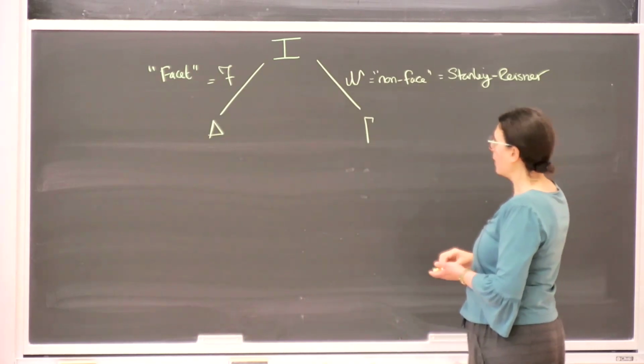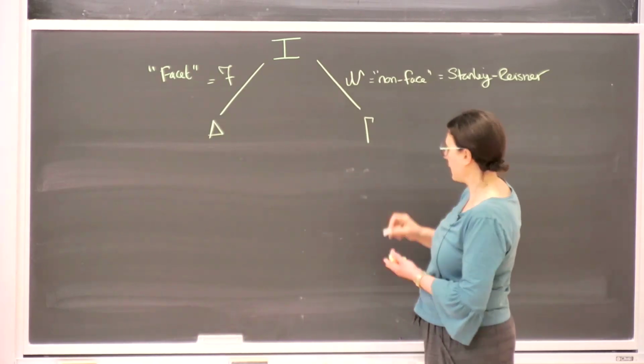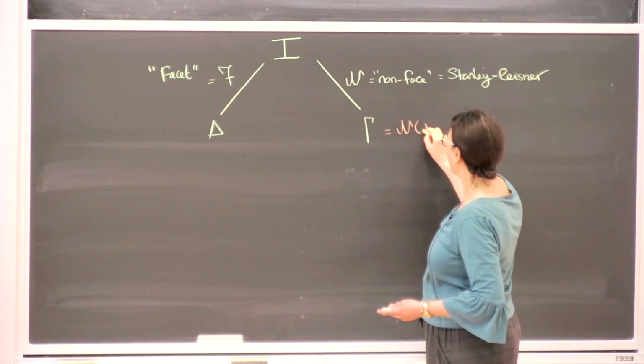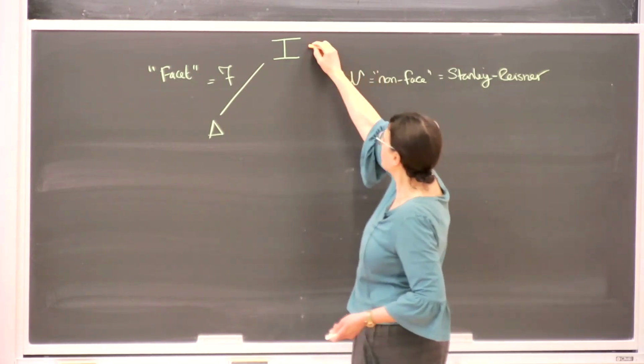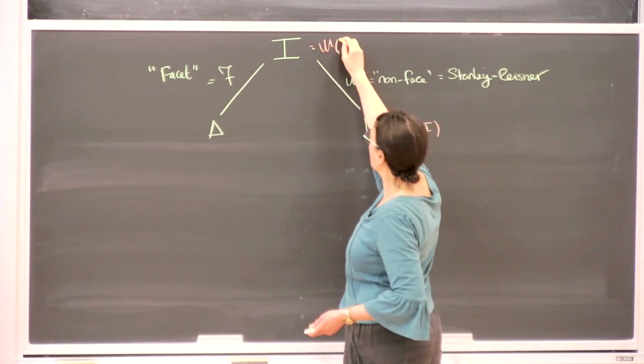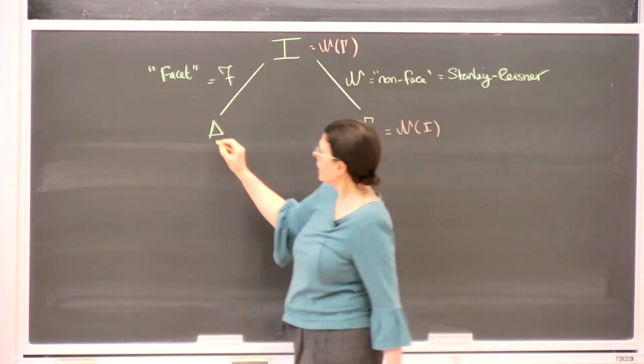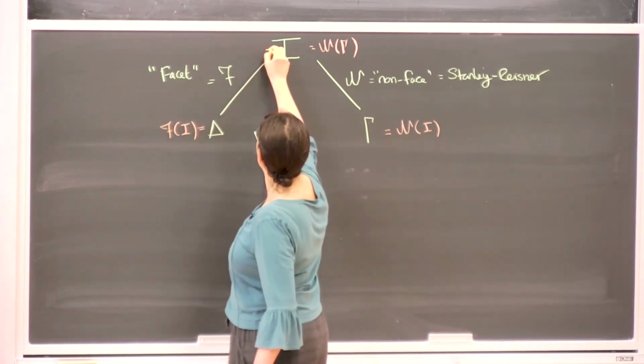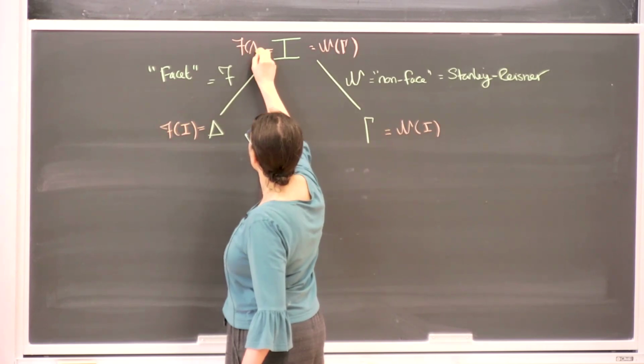So this gamma is N of I, and this is N of gamma. And this is F of I, and this is also F of delta.